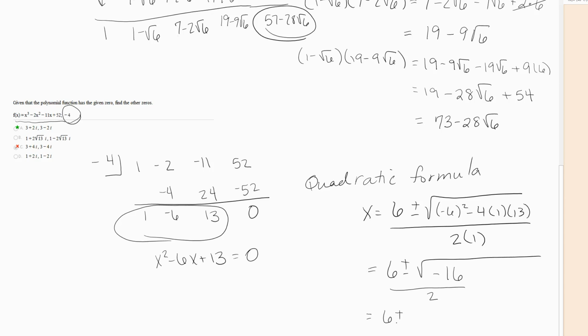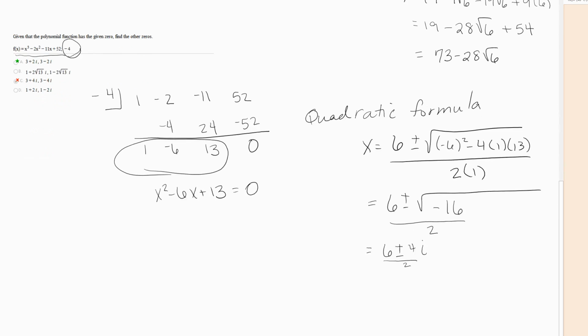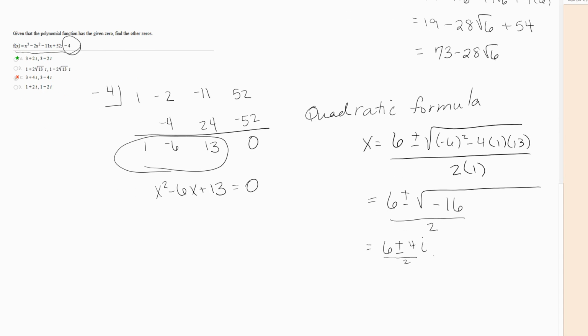So 6 plus or minus. Now the square root of negative 16, the negative gives us an i, and the square root of 16 is 4. And since both 6 and 4 are divisible by 2, we make this 3 plus or minus 2i. Divide the 2 out from both of them. So that gives us 3 plus 2i and 3 minus 2i as our other zeros.